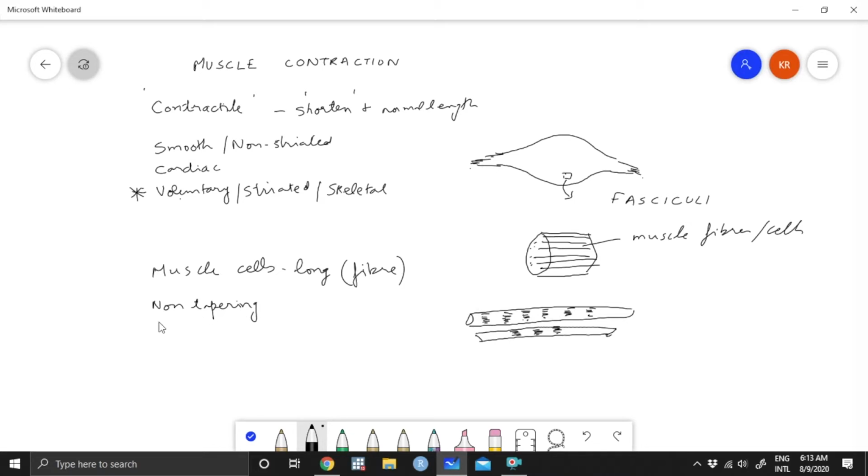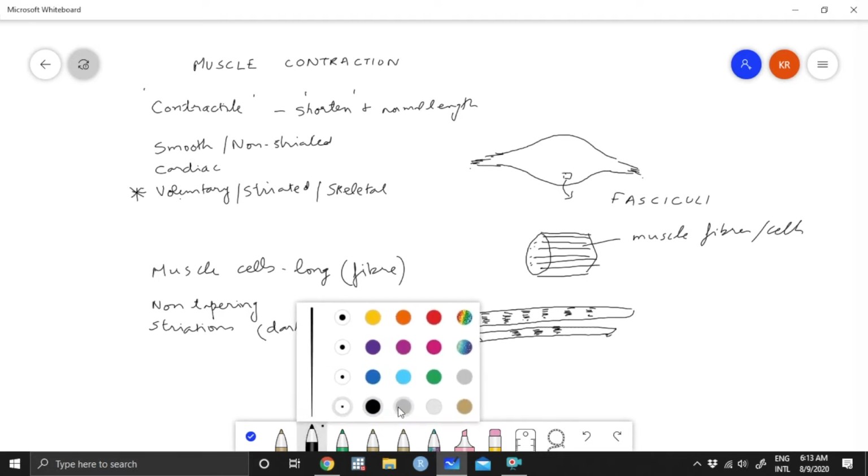And we see striations. So these are the striations. These striations are called alternate because they look dark and then there is a light. Dark and light bands are there.